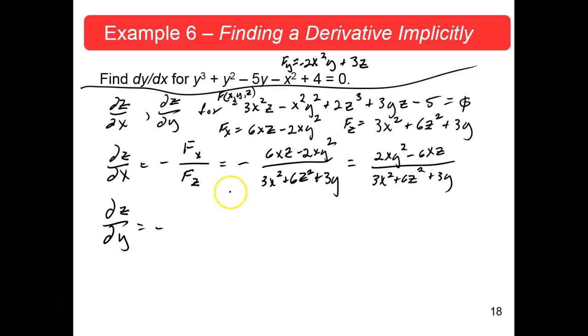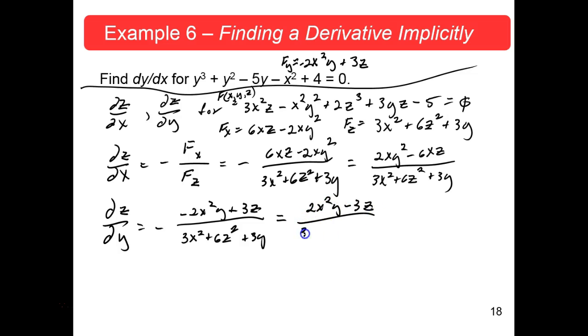So you have a minus in front, and then you would have minus 2x squared y plus 3z over the same denominator, f sub z stays the same, 3x squared plus 6z squared plus 3y, which is equal to 2x squared y minus 3z over 3x squared plus 6z squared plus 3y.